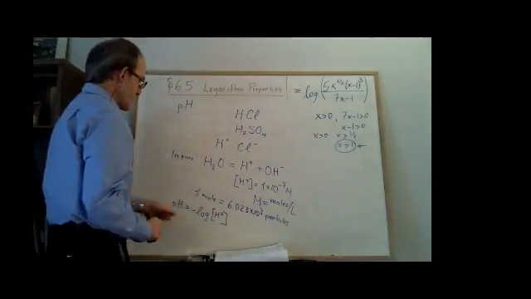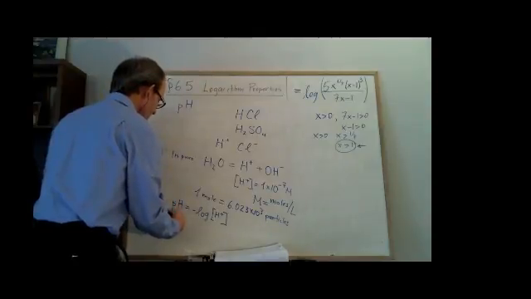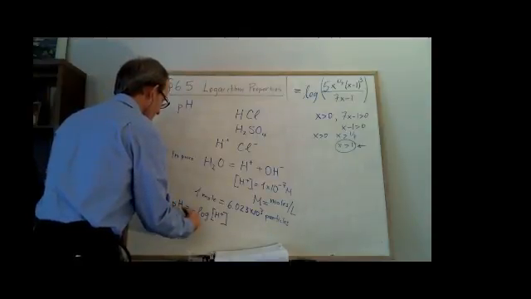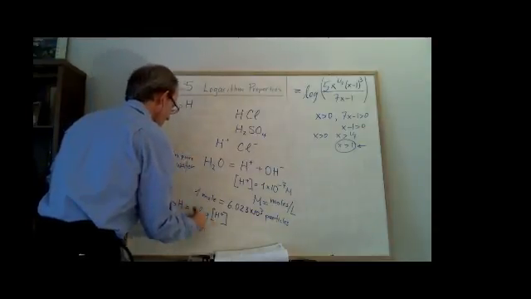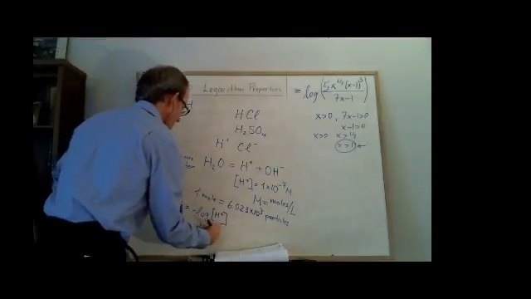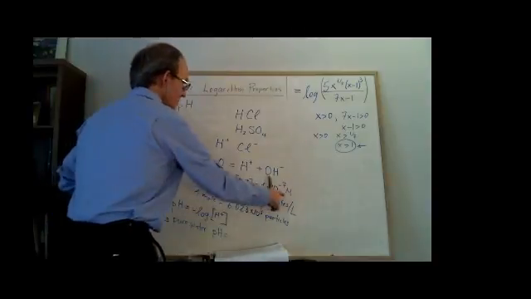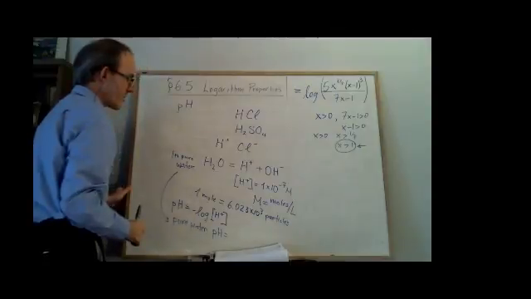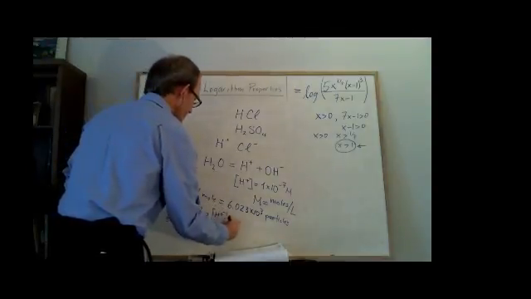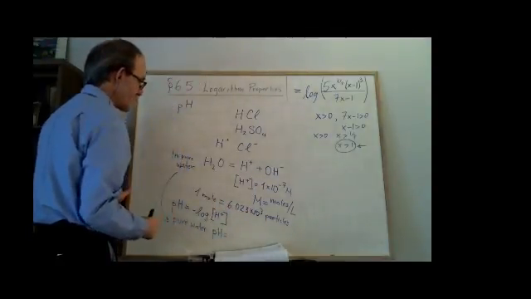Okay, so in this case for pure water, the pH level is the log, and you have to use these units of molar to get this right. If you use the wrong units, you'll get different numbers.